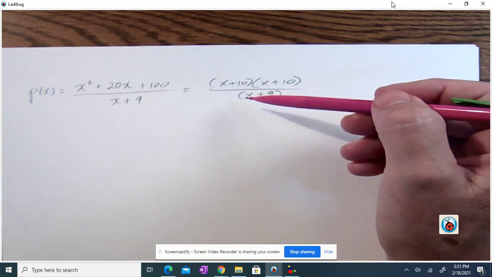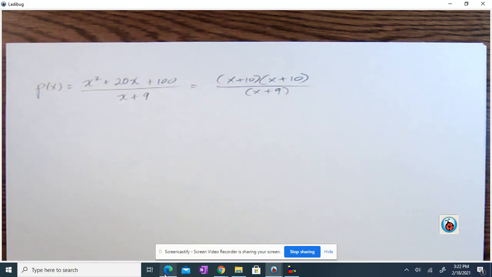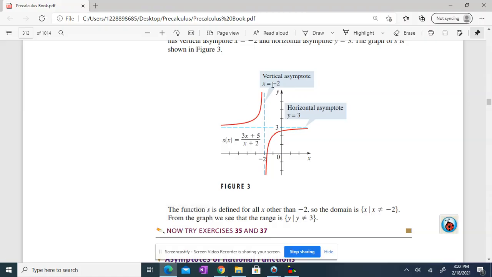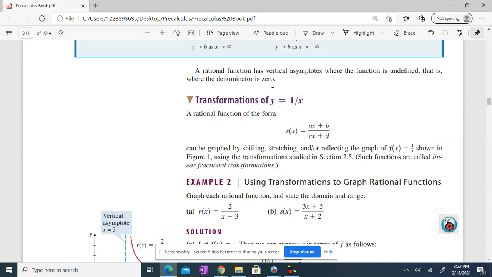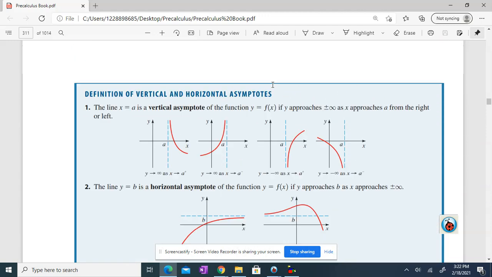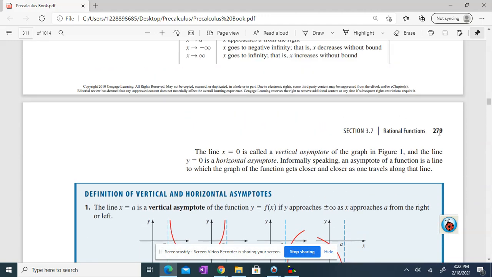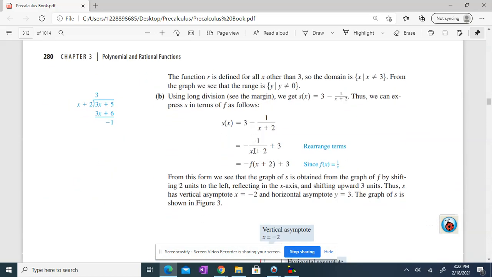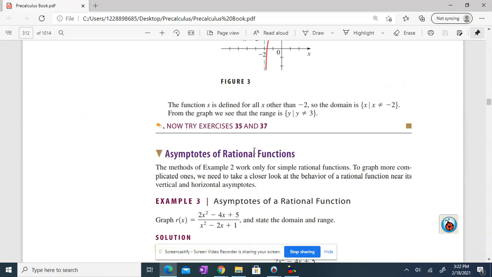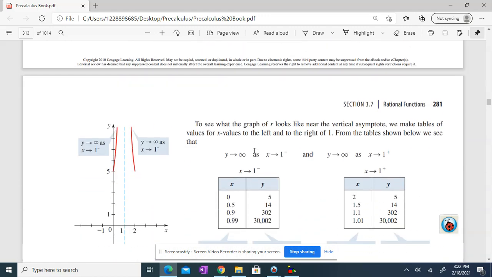And please remember to check out your book. All the terms are in here, so make sure you go in and read through this, at least peruse it. It's around page 279. All of the terms that you need and definitions are in here.